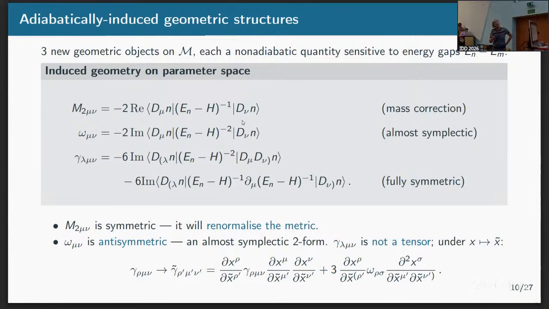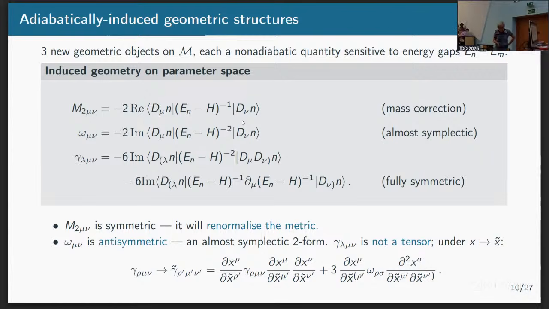You evaluate this from the approximation you did, you extract what is this mass correction coming from your states of the system, and this is the resolvent given here. So this is your mass correction, and then in third order you get two expressions.